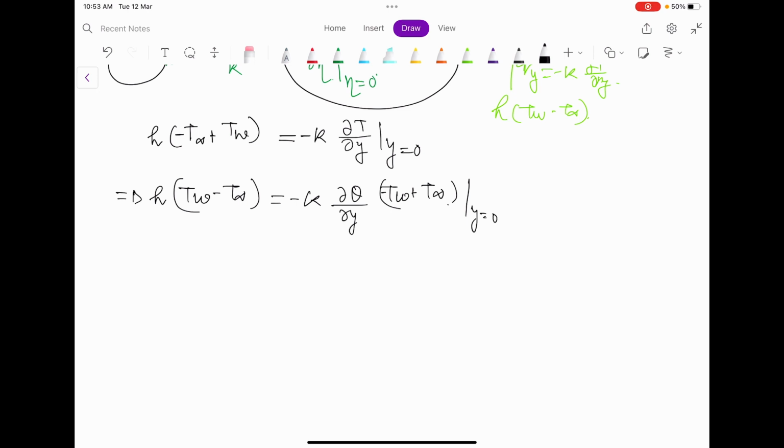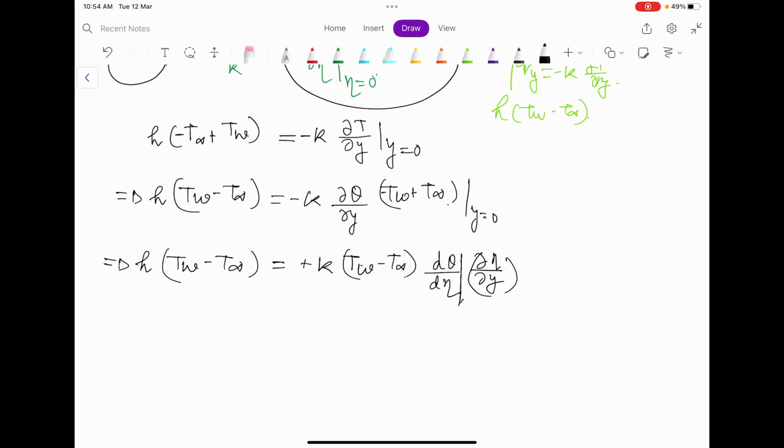This at y equal to 0, and again I can write h into T wall minus T infinity equal to minus k. So minus minus cancels out, and this becomes T wall minus T infinity into d theta d eta into del eta del y at eta equal to 0.